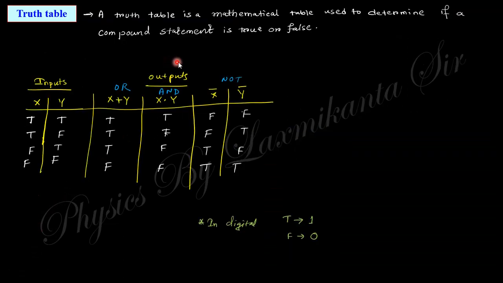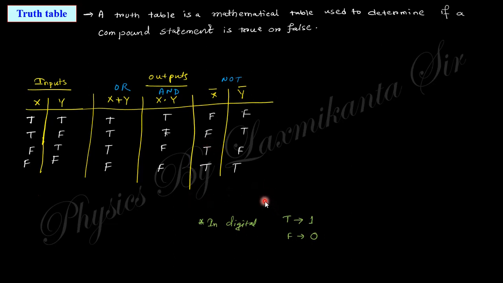Next thing, truth table. A truth table is the representation of the output in terms of true or false. Suppose this OR operation has two entities x and y. So there will be four combinations: true true, true false, false true, false false. So the operation for OR: true, true is true; true, false is true; false, true is true; false, false is false. Similarly for AND operation, product, NOT operation, like that.